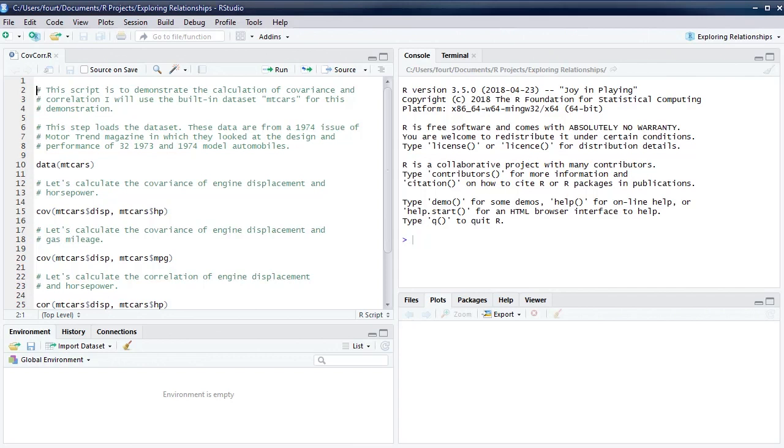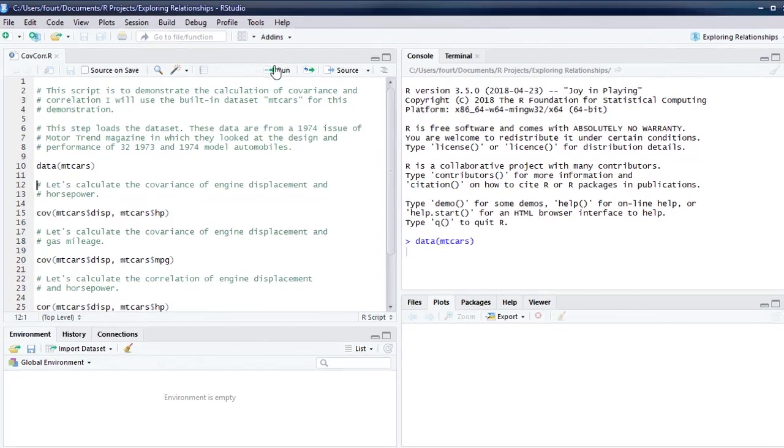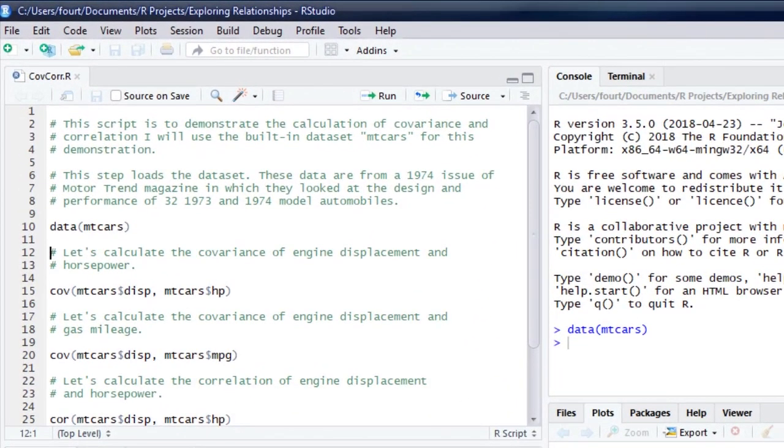I'm going to load the mtcars data set and then calculate the covariance of engine displacement and horsepower. It's very simple. We use the function cov, which is short for covariance, and then use the two variables as the parameters.